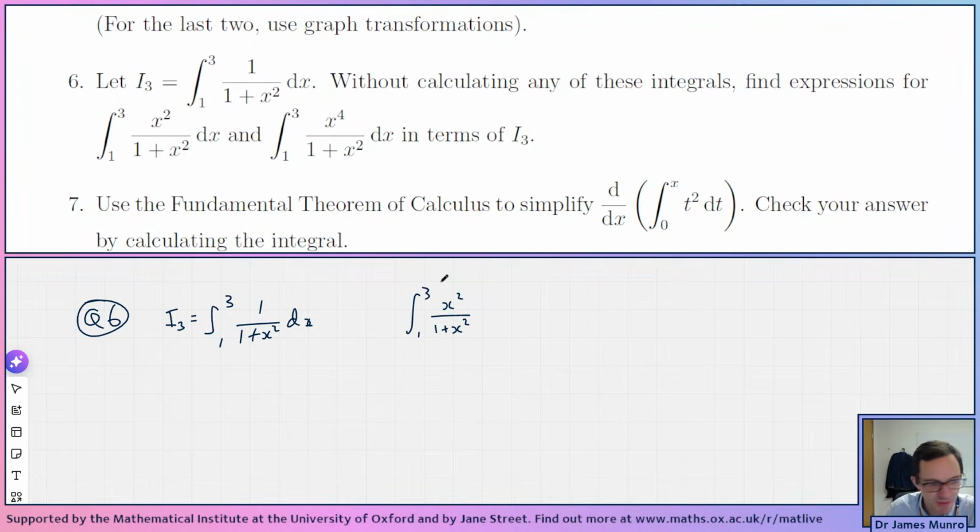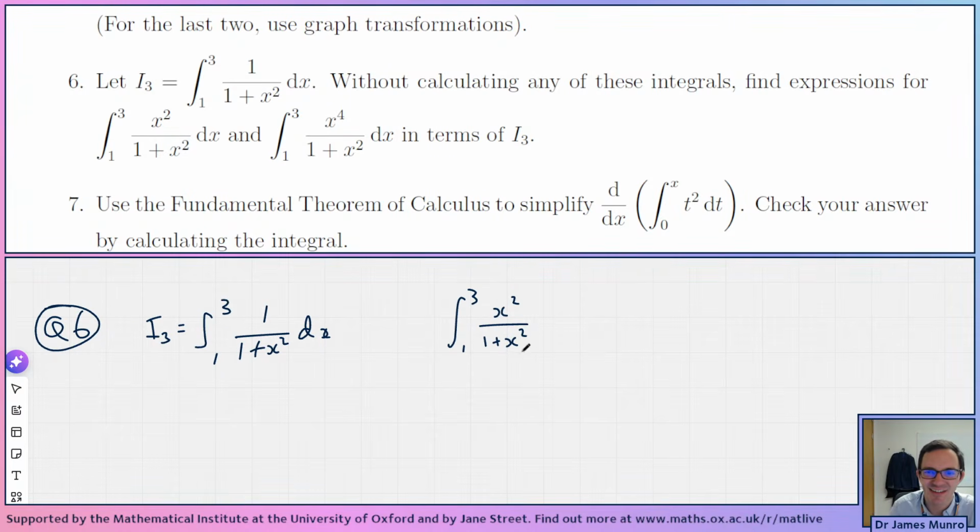I'm writing very small. Let me zoom in. There we go. From question 2, where we had these things in disguise, one of the things I want you to take away from that is that you should always try and simplify things before integrating them. Now, for this question, we're not actually going to integrate because it says not to, but I still want to simplify anyway.